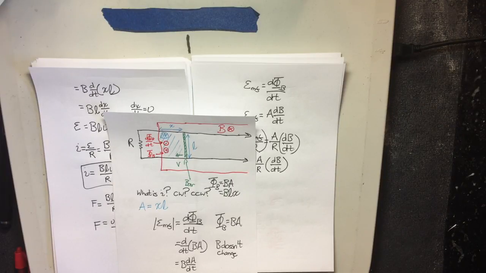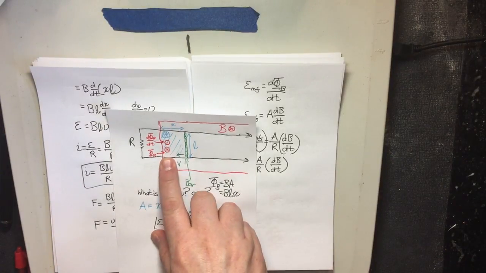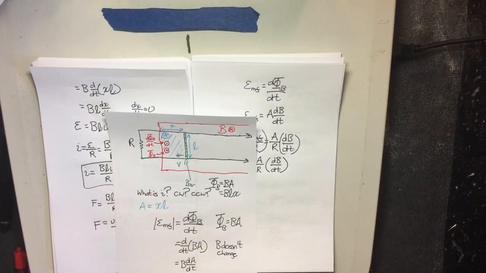So why is Φ_B into the page? Φ_B is into the page because Φ_B is always in the same direction as B. The wind is going into the page, so the flux has to go into the page. The area is getting smaller, so the change in flux has to be in the opposite direction. Lenz's law says, I hate change.